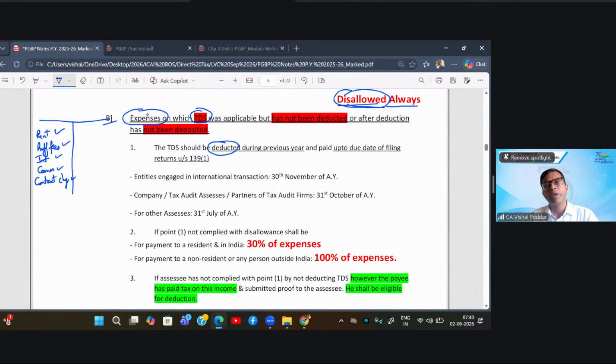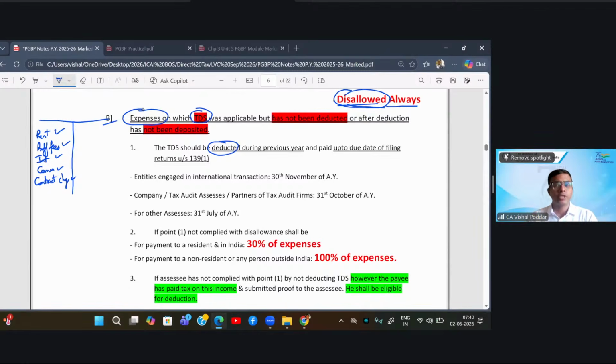So whenever you are making payment of business expenses, you have to first check the TDS chapter. Check for what? Whether the TDS chapter is applicable to you. Because again in TDS chapter, there are some conditions. Only if those are satisfied, then only you are required to do TDS, or else you can make payment without doing TDS.